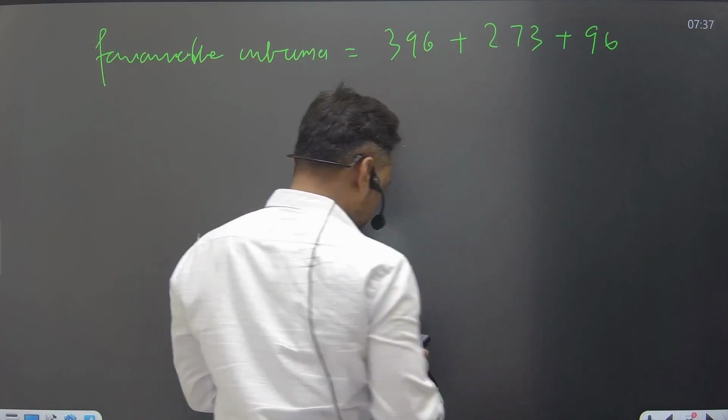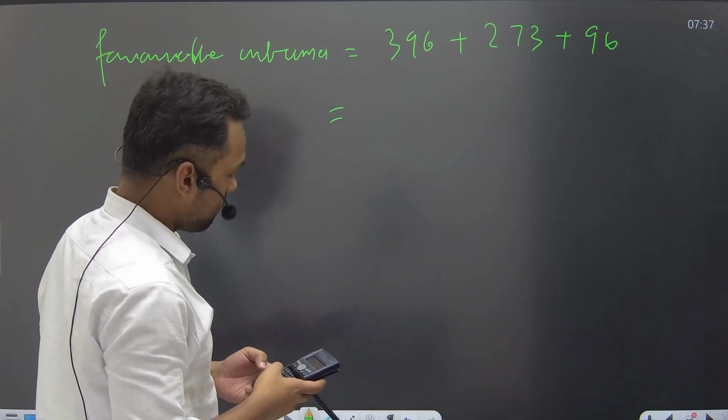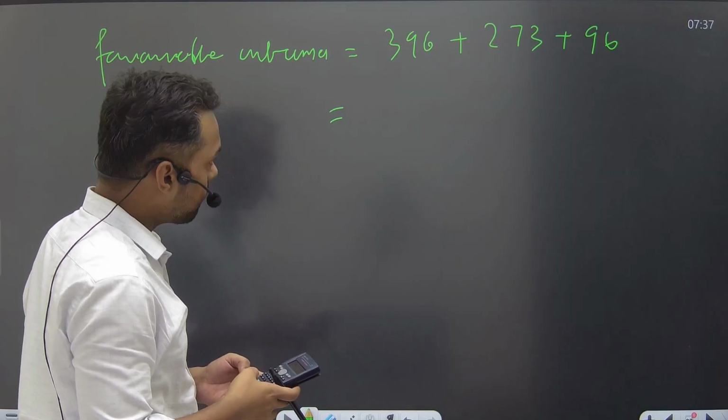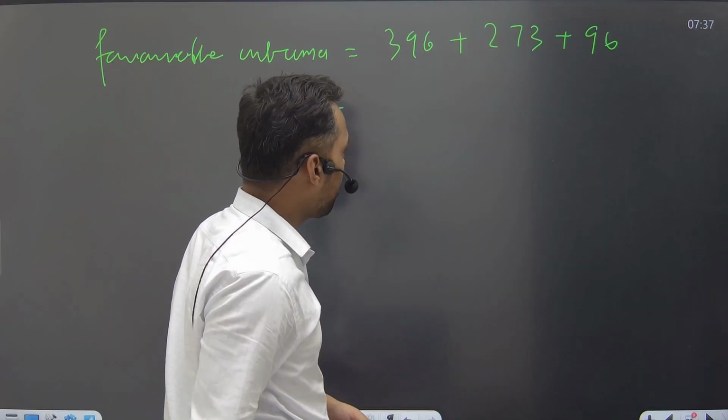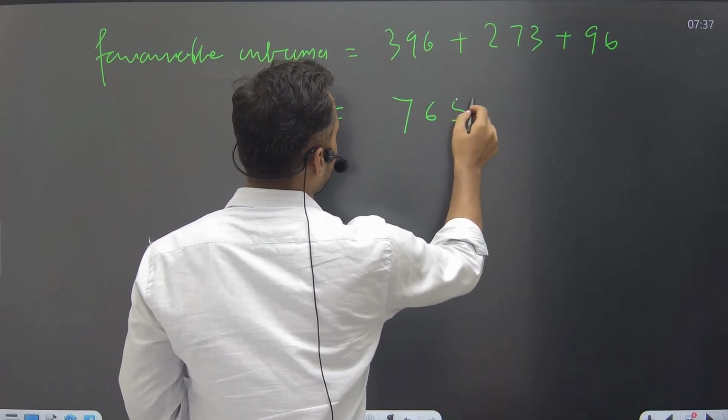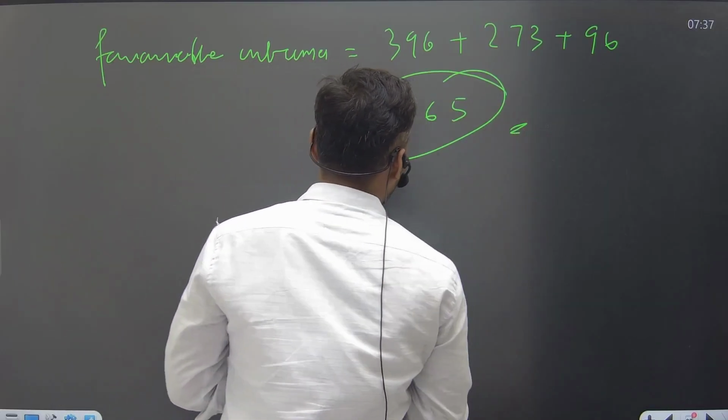We just need to add 396 plus 273 plus 96, and we get the value 765. So this is the number of favorable outcomes possible.